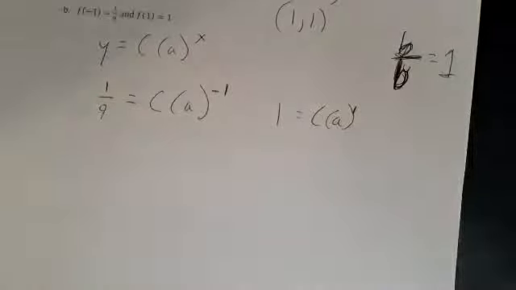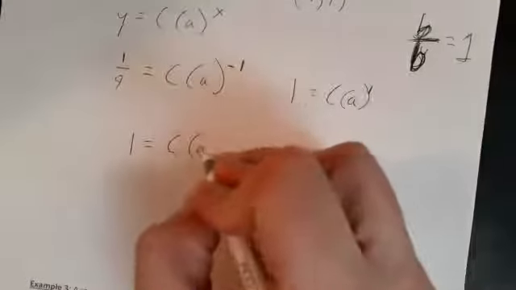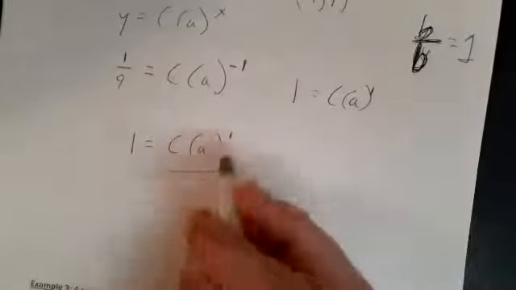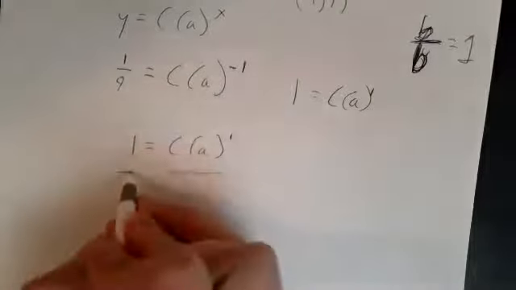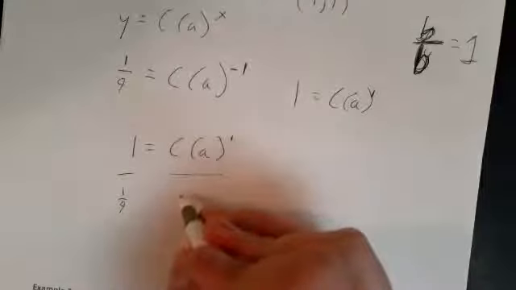There's probably a smarter way to do this. What I think I'm going to do is start with this one. And I want to divide it by this one. So this has 1/9 over here.